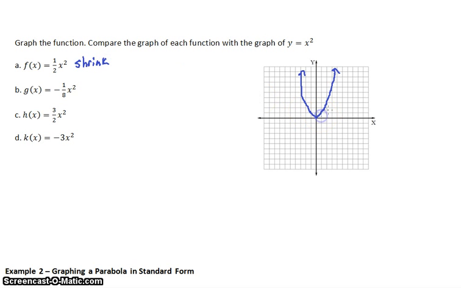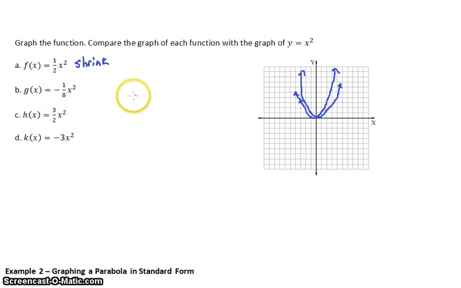Each one's going to be 1/2 of the original one. So it's going to be a little bit smaller. Now I'm not going to draw an ordered pair graph for all of them, but if you want to see it, let me know and I can show you how I get to this point. My graphs aren't perfect, but if you want, I can certainly show you what it looks like on a graphing calculator in class.